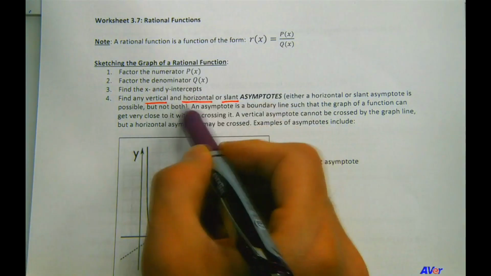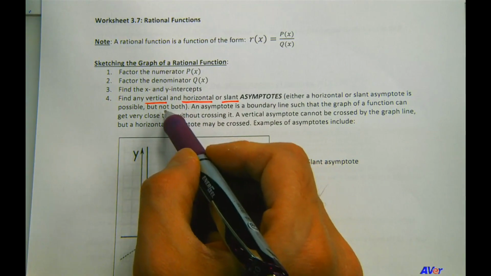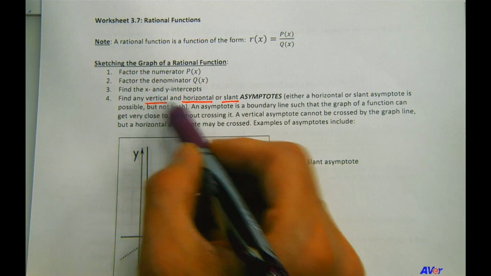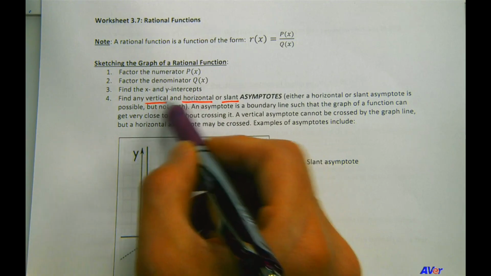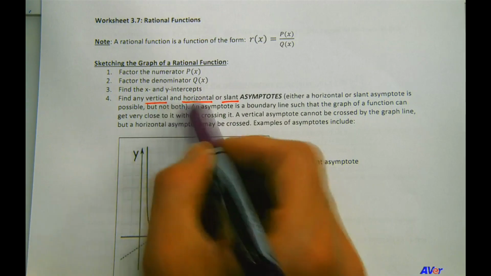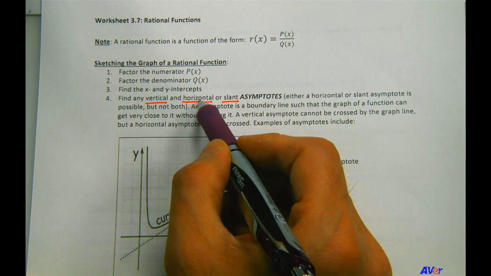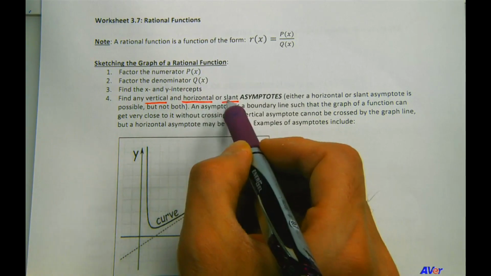One thing I want to highlight at this point is that it is possible for us to have both vertical and horizontal asymptote at the same time. But we cannot have a horizontal and slant asymptote at the same time.